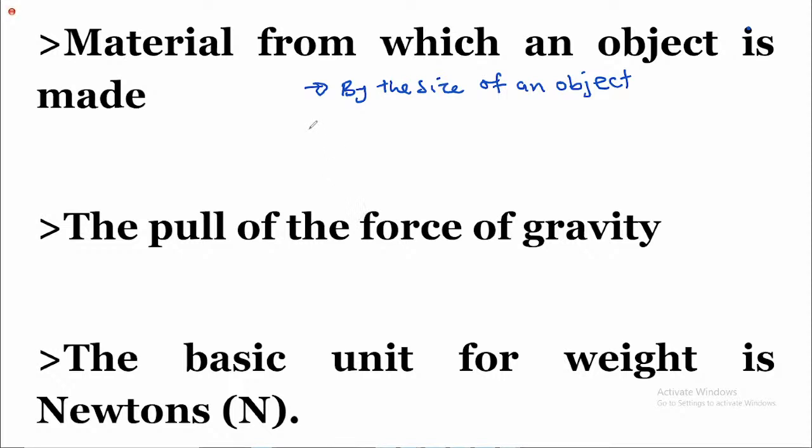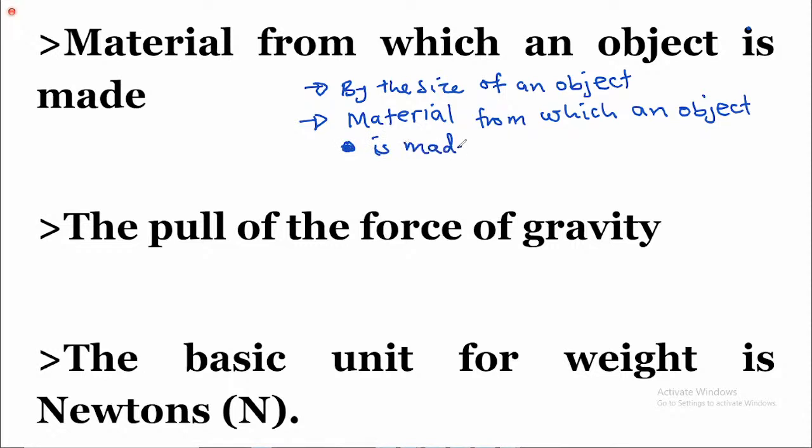Another factor that determines the weight of an object is the material from which an object is made. Like if an object is made from cotton wool, though it is big, you cannot compare it to an object made from iron, from a metal.